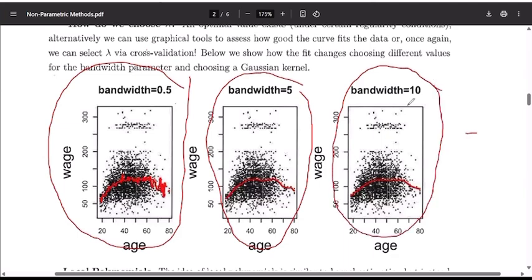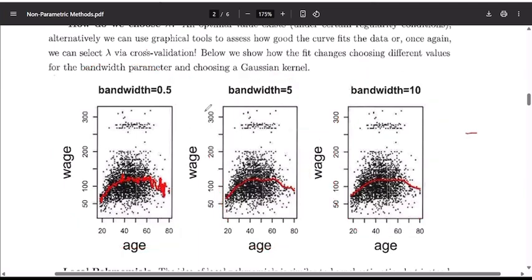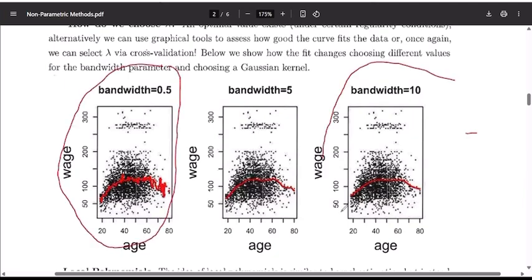When the lambda, the bandwidth, is 10, there's an issue here. There's also an issue here. When lambda is 0.5, we have low bias, high variance.